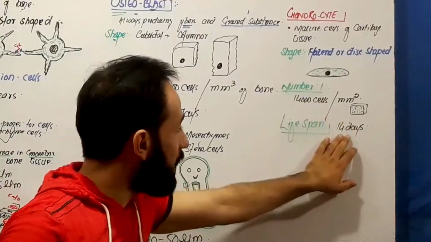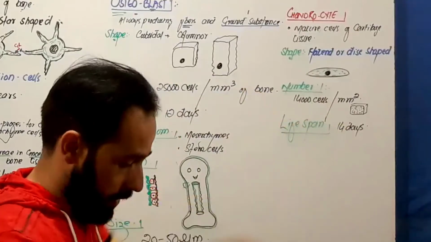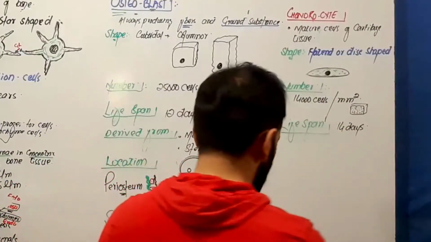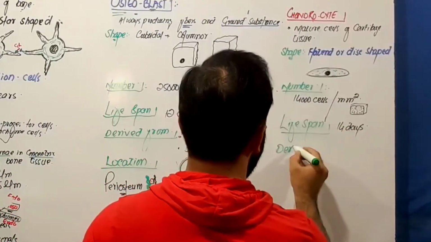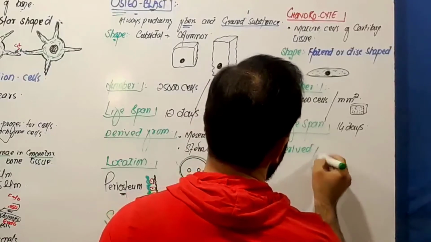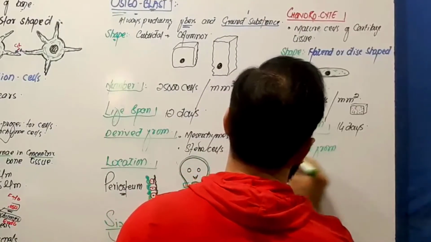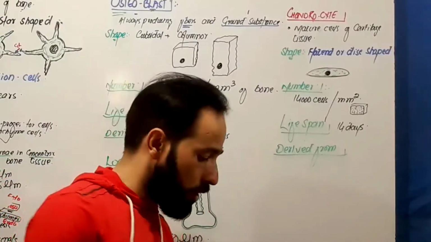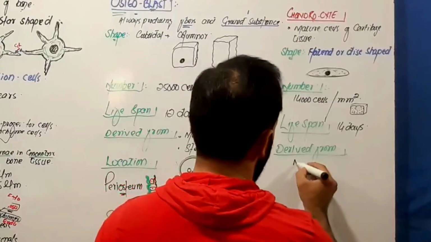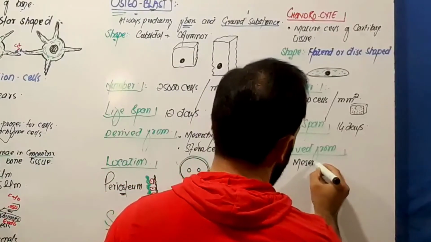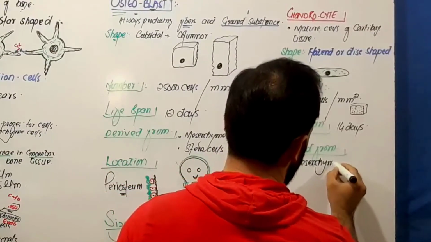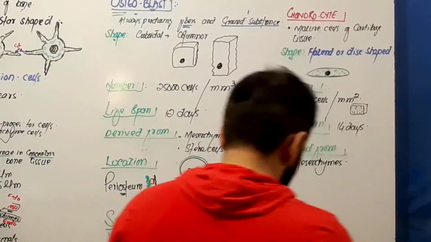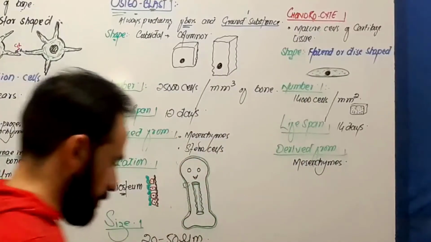Okay, then from which type of cells are these derived? I will say again from the previous lecture that we discussed, during embryogenesis the mesenchymes are formed. So they are derived from mesenchymes, or we say mesenchymal cells, right?